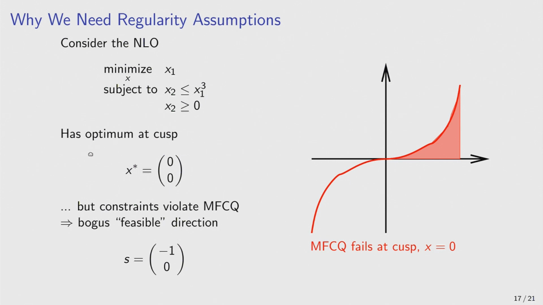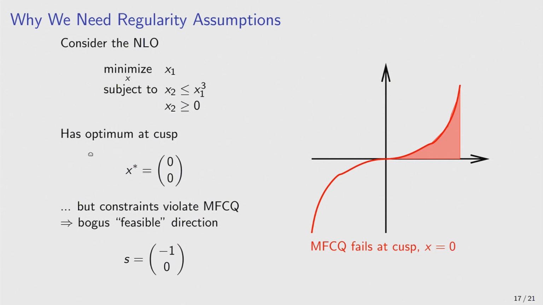And if you look at this point here, the origin, if this is your x star, then this is what's known as a cusp. And at this point, the constraint normals that you have are actually linearly dependent. So the constraint normal of the second constraint, x2 greater or equal to 0, points upwards. The other constraint normal points downwards. So this point violates linear independence constraint qualification.